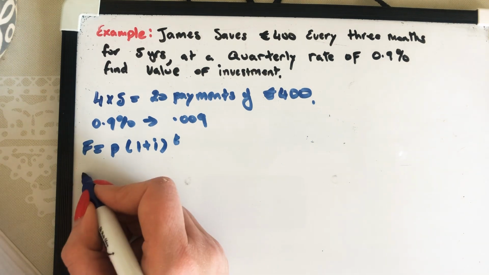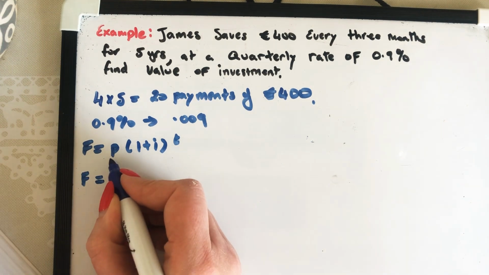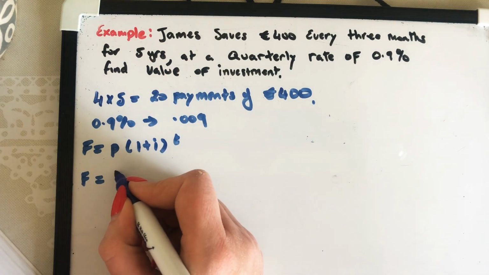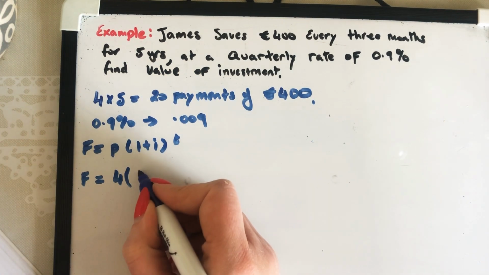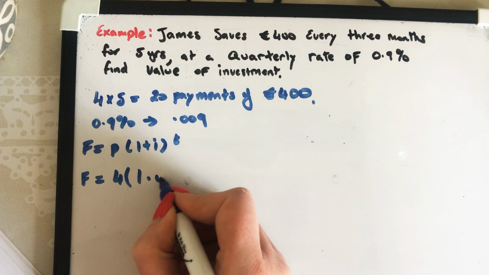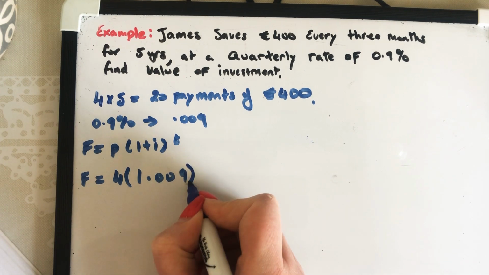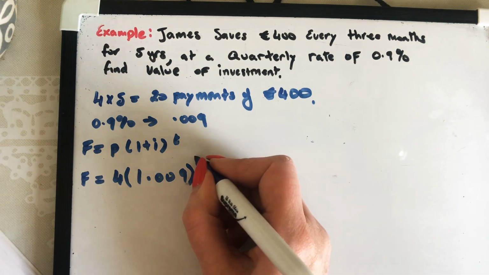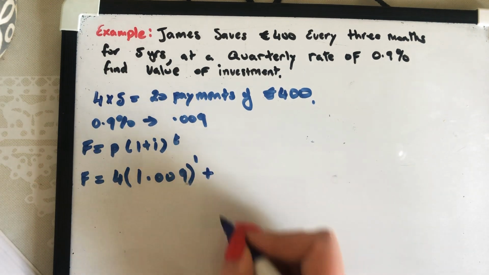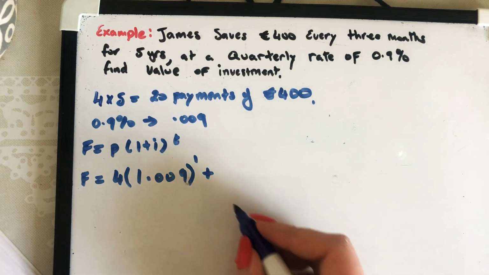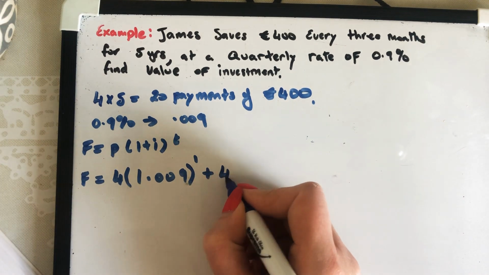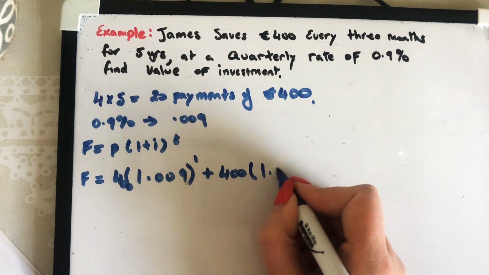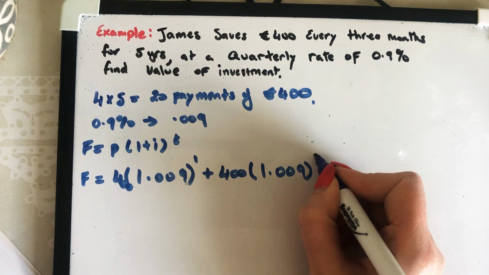So we have F is equal to, well, P is the principal, and we know we're paying €400 every 3 months. So here is our P, 400 by 1.009. And then of course our first term will be to the power of 1. So then we do a plus sign to represent our series, and we start again. 400 by 1.009 to the power of 2.